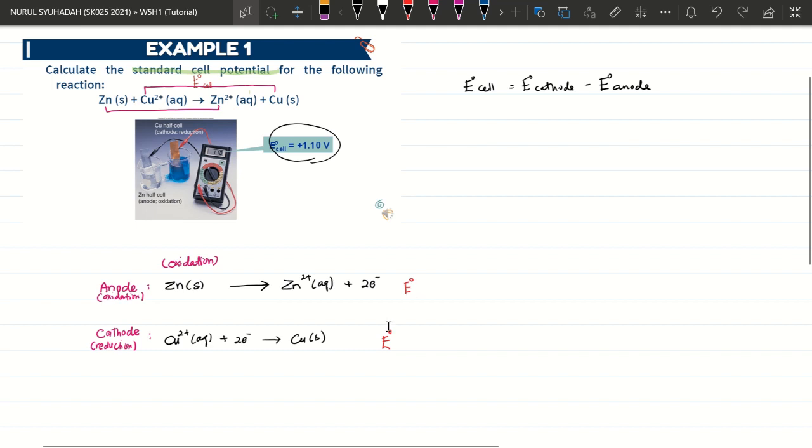So where are we going to get this value? It is either given to you in the question in the exam, or you need to find the value from the SRP table. If you get the value directly from the SRP table, you need to make sure you look at the reduction equation.